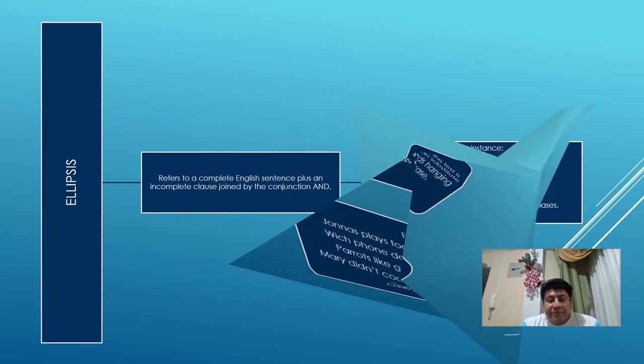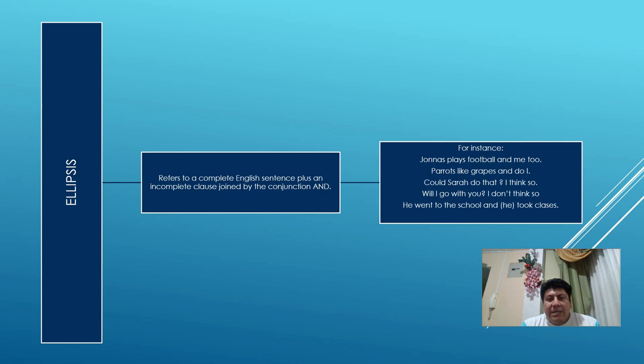For ellipsis, it refers to a complete English sentence plus an incomplete clause joined by the conjunction and. Remember that a complete grammatical sentence has a subject, verb, and complement. We have the examples here.